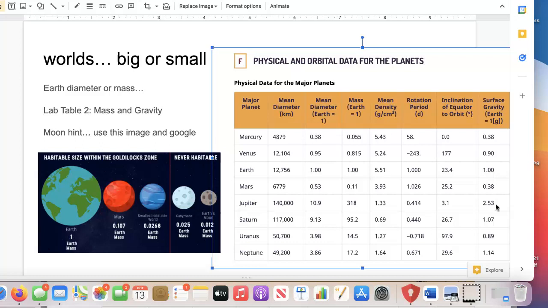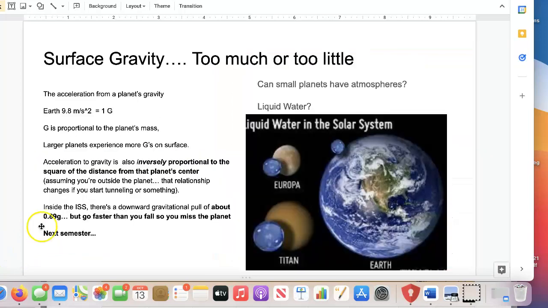Now, gravity is also a little more complicated. Let me just briefly go over how gravity could be important to you. Do you remember, if you've ever had any other science classes, physical science, that the acceleration due to gravity on the surface of the Earth is 9.8 meters per second squared?